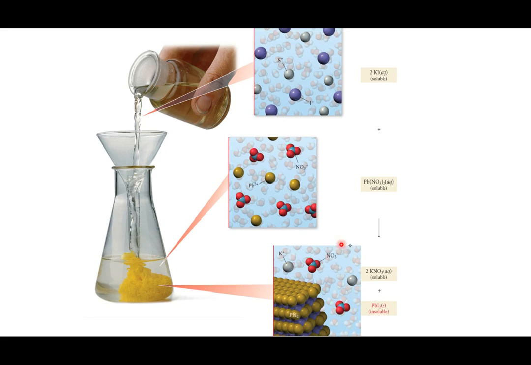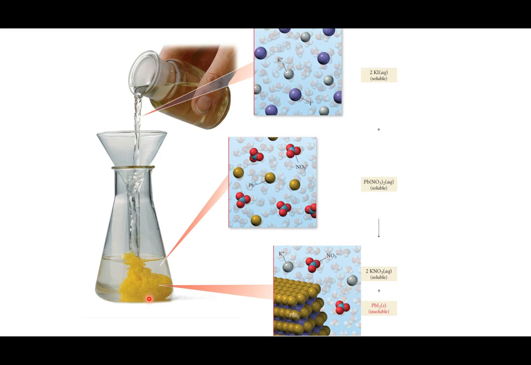So what we see here is our product, the end of our reaction. We see the potassium and nitrate are still ions floating around in solution because they're aqueous. And we see our lead iodide coming together as a solid, and it's going to eventually just settle to the bottom of that flask. Okay. So that's an example of a precipitation reaction.